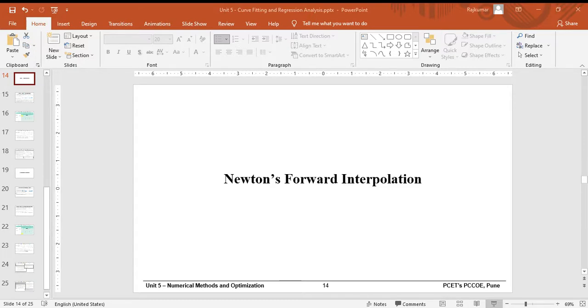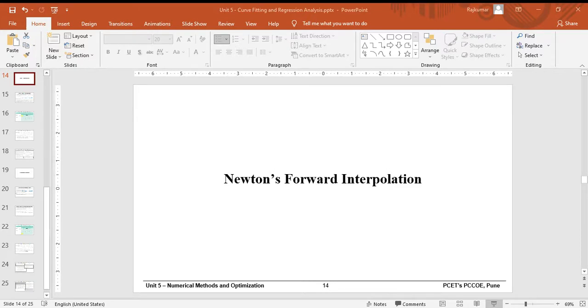Then how to prepare the next column, that is del square y naught. Again, you need to use the same strategy, that is taking the difference between two successive values. Here, if you take the difference 2.01 minus 2.4, you will get minus 0.09.